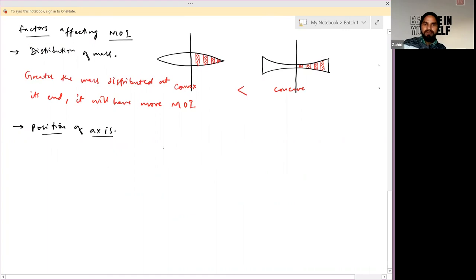Suppose you have a convex lens and you have placed the axis first at this point and then at this point. In which case will the moment of inertia be larger or more? First case or second case?